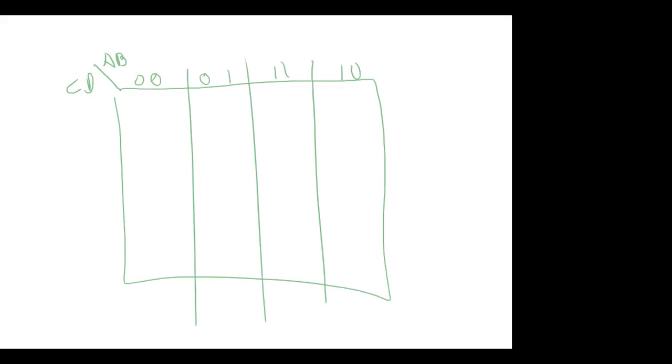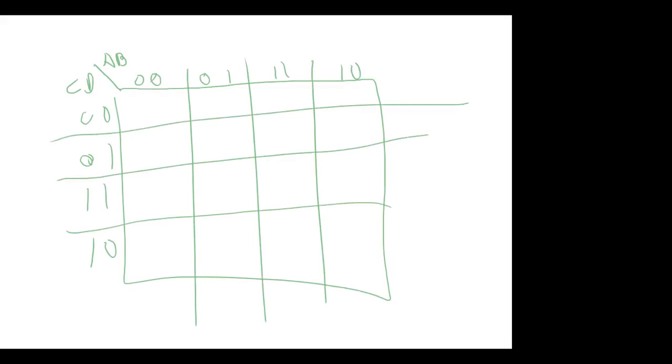So question 17 says, given the following Kmap. So we're starting with a Kmap this time. It says here that I got some ones which are in red, so I'm going to keep them in red in my Kmap.